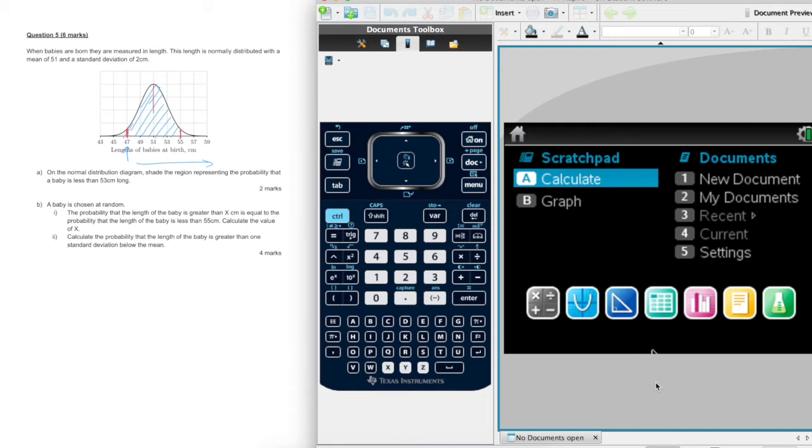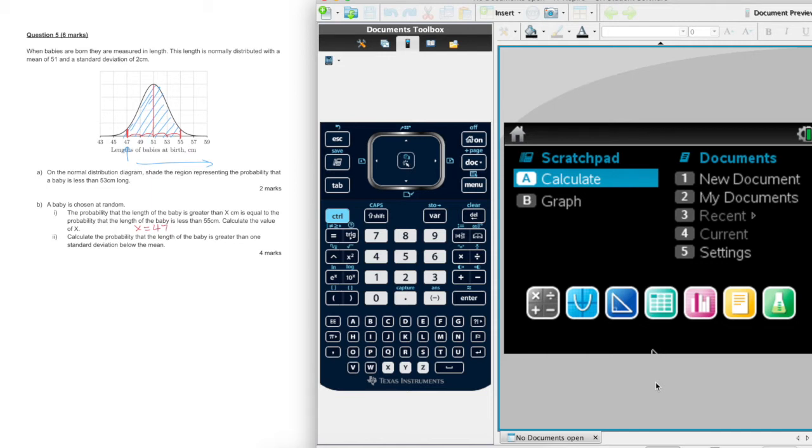The mean is 51, and I've gone 2 and 2, so 4 either side. So the probability of it being more than 47, which is all of this section here, is exactly the same as it being less than 55. It's the same probability each time. So X is equal to 47.